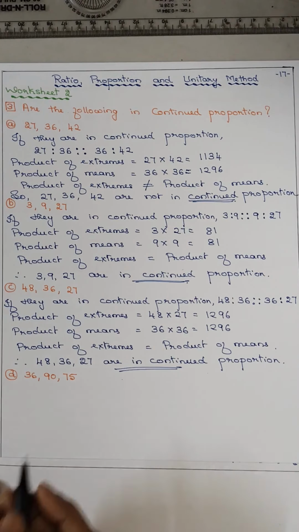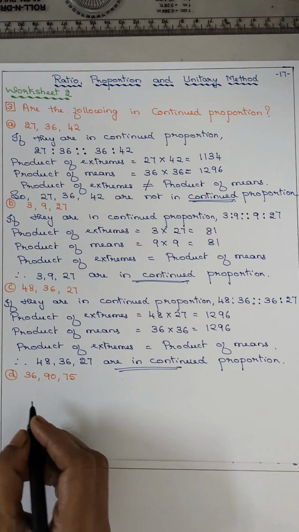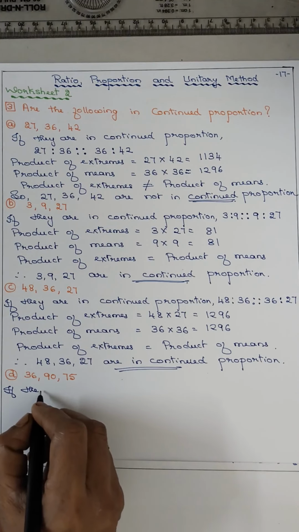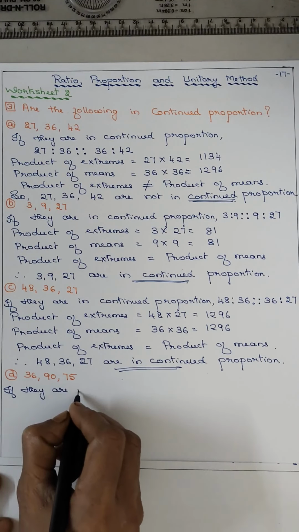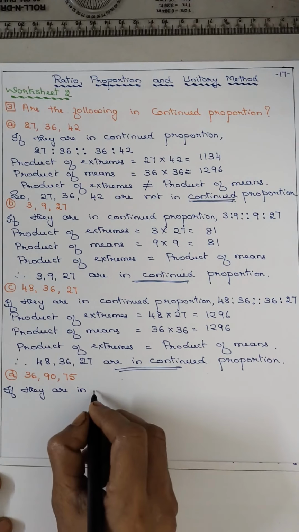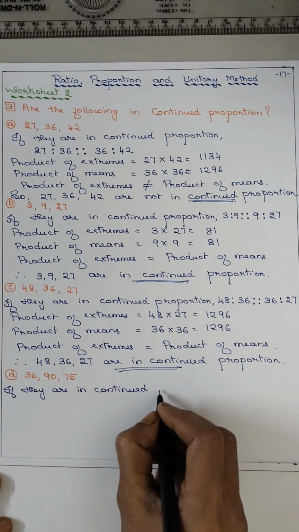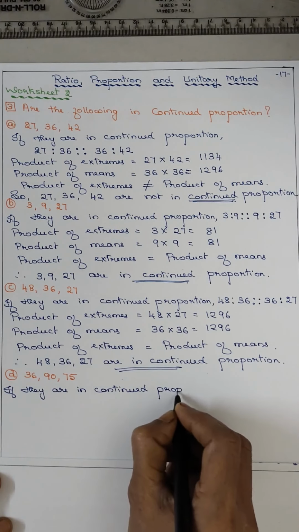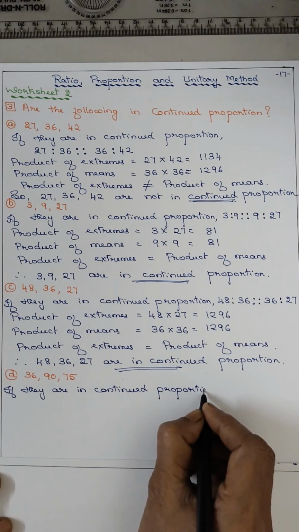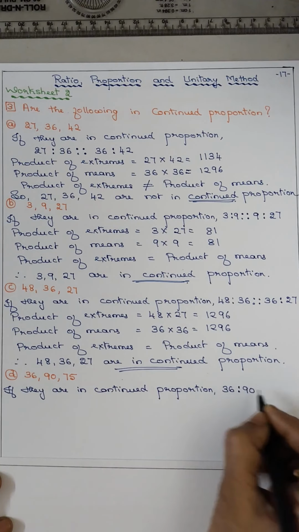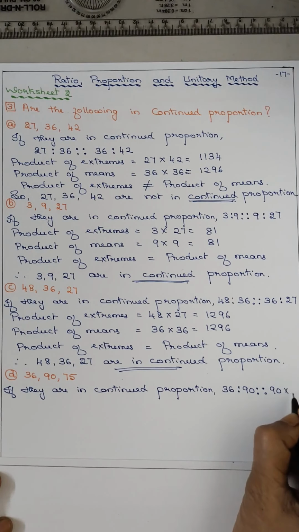Now coming to the question number D. If the given numbers are in continued proportion, 36 is to 90 should be in proportion with 90 is to 75.